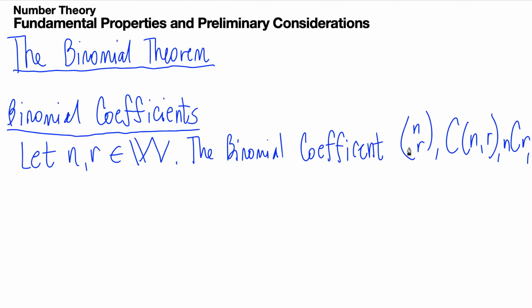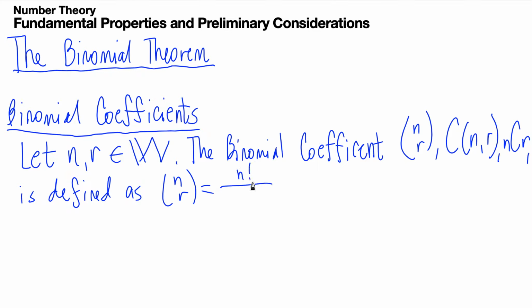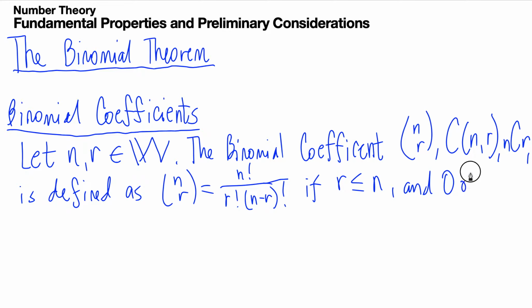This is defined as n choose r is equal to n factorial all over r factorial times the quantity n minus r factorial, if r is less than or equal to n. It is 0 otherwise.